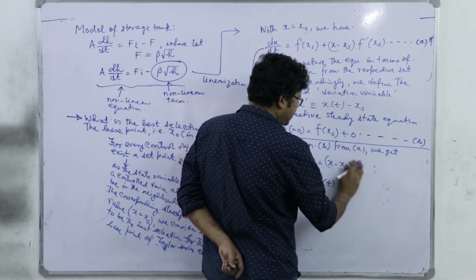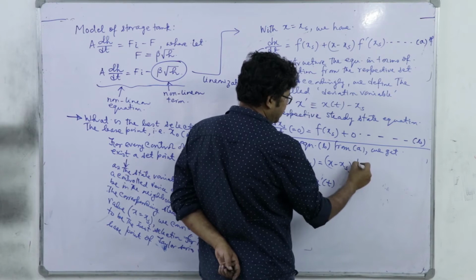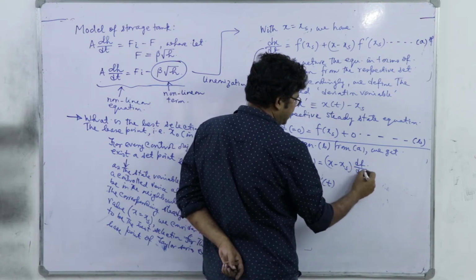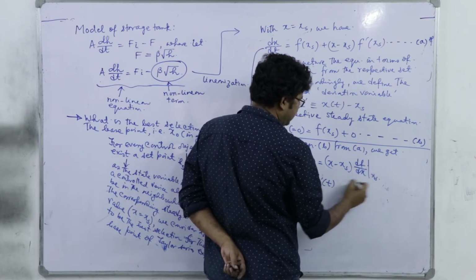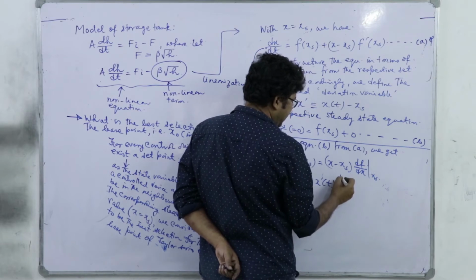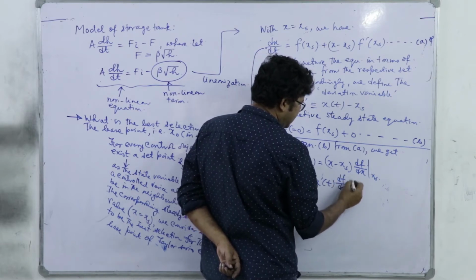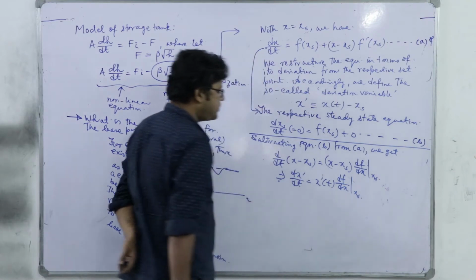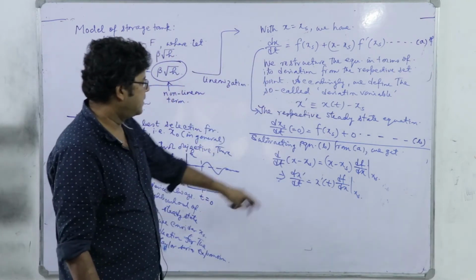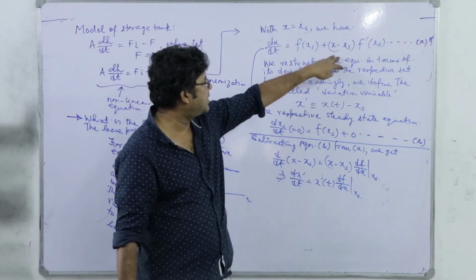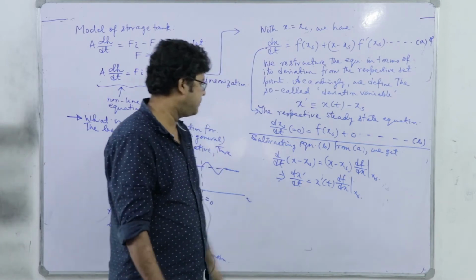Let's not write this as f prime, otherwise it will be confusing. So this equation is much simplified compared to equation A.